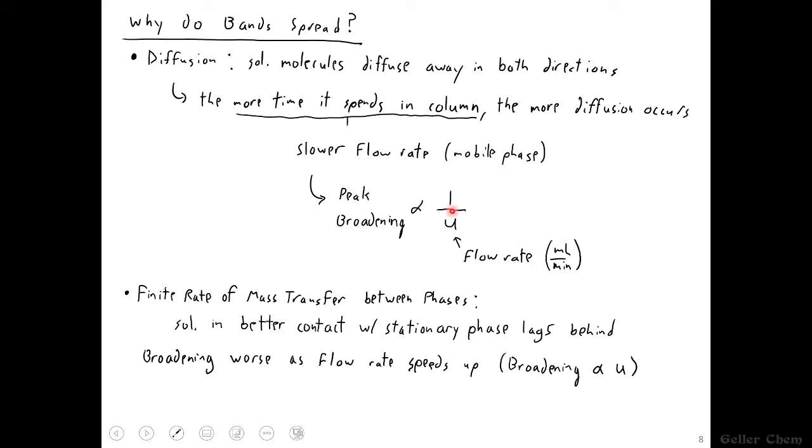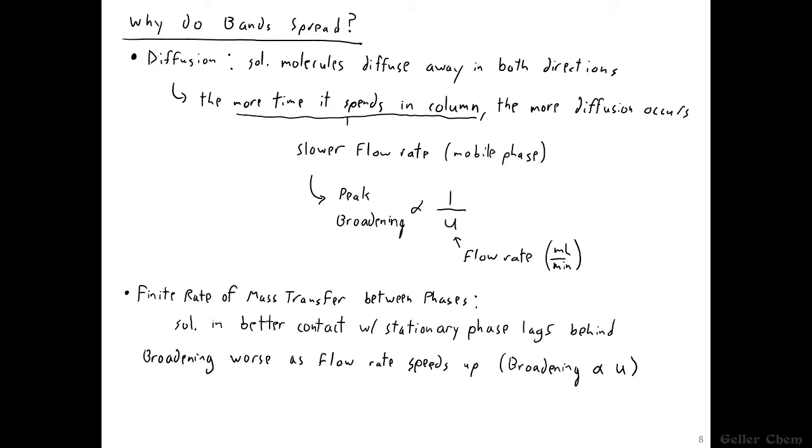If we were to speed up the flow rate, we will decrease the broadening caused by diffusion, because there is this inverse relationship here. Larger number here, smaller number there. But unfortunately, that will increase the broadening effects from finite rate of mass transfer effects. Increase this number, increase this number. And so there's always some happy middle ground, some optimal intermediate flow rate to balance these opposing mechanisms.